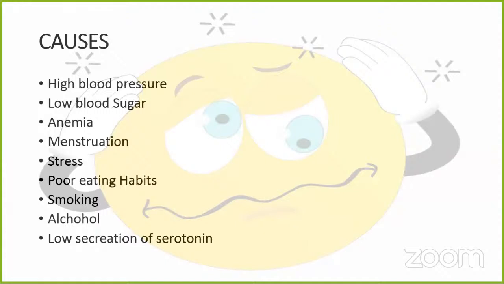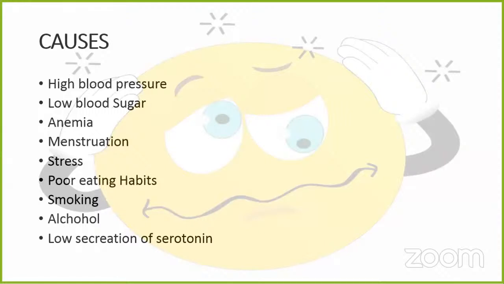If the person is exposed to triggers, then they may get into this migraine problem. The trigger could be emotional, like stress, anxiety, tension, or too much excitement also. It's not necessarily stress or anxiety. Sometimes because of excitement also, the person may get into migraine. And a physical trigger would be like poor posture, poor sleep, long travel, low blood sugar could also lead to migraine.